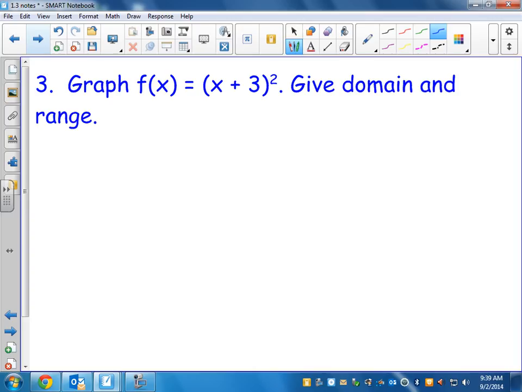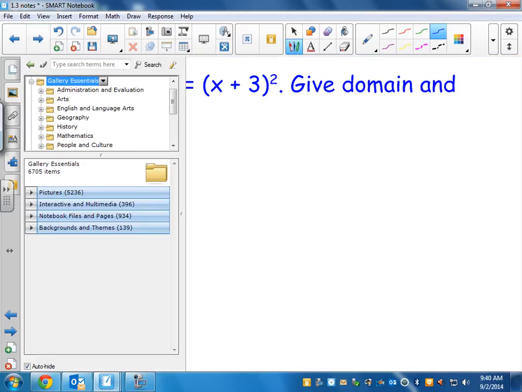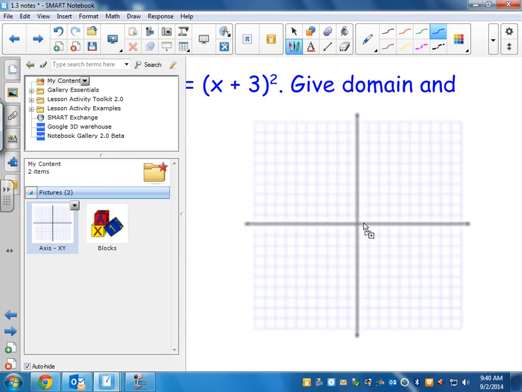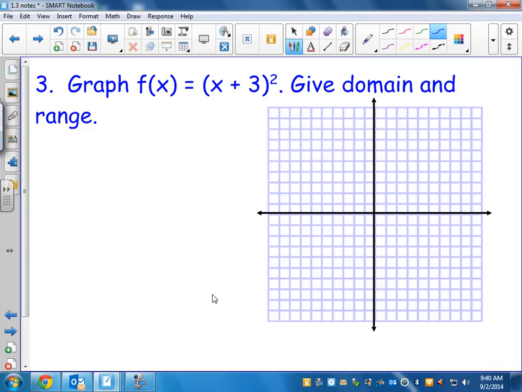And I just picked this squared one. What is it doing?